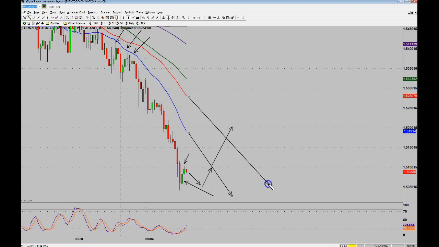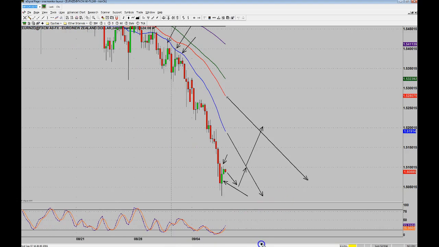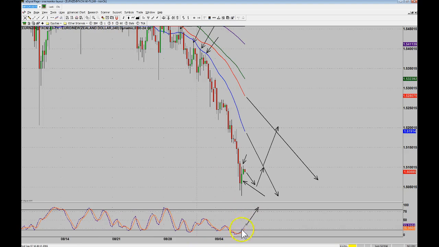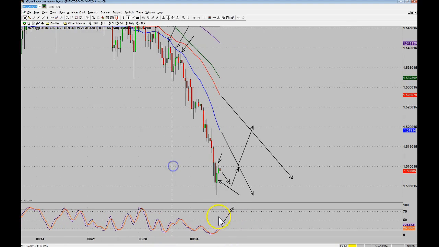Not straight down, but more like this. Okay? Stochastics are pointed upwards, so that's also a little bit of a help. Like I said, we don't really put too much value in this except for at certain times when it's very, very crystal clear. But it does look like this will go higher. All right?